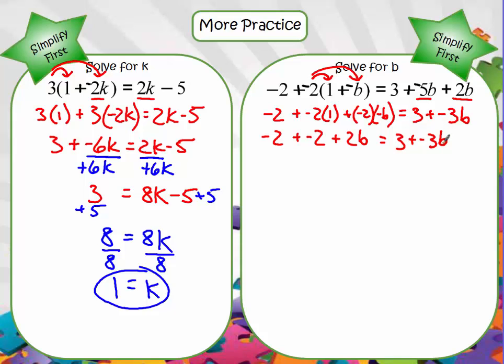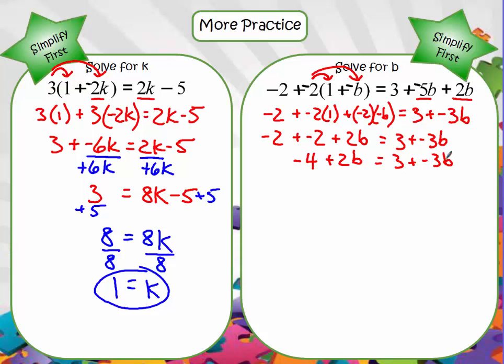Now I can start to really clean this up again. So let's see, I have negative 2 plus a negative 2. Well, that's negative 4. So I have negative 4 plus 2b equals 3 plus negative 3b. Looking at this now, again, I want to try and get my variables all on one side.